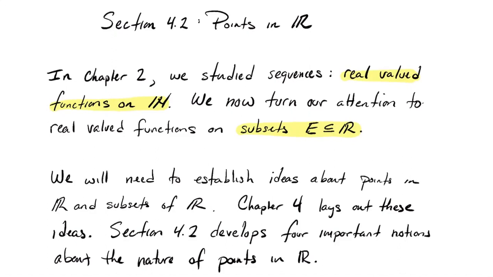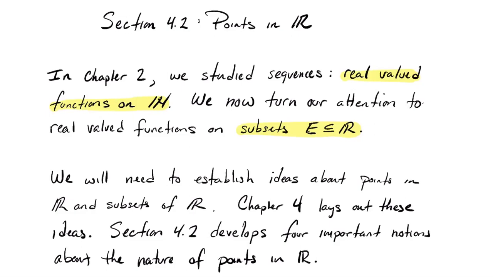So we need to spend a little bit of time here in chapter 4, getting used to the nature of subsets of the real line. We're not just going to be working with the natural numbers, which is a discrete set where the points in it are equally spaced apart, but rather more general sets. So for the first couple of sections, and mainly in chapter 4, we're going to study what mathematicians call the topology of the real numbers.